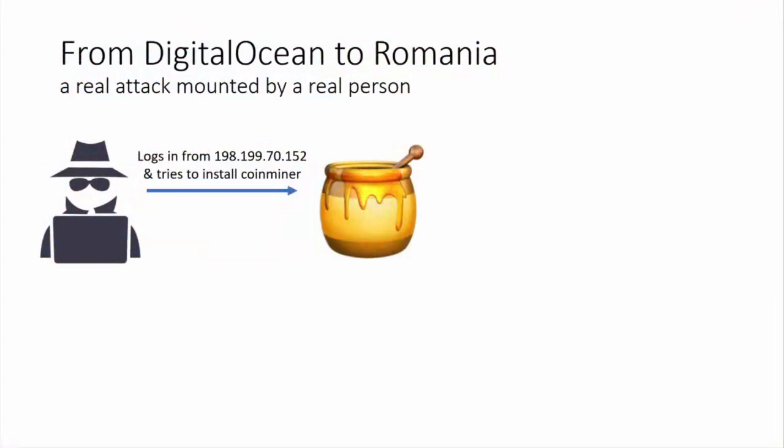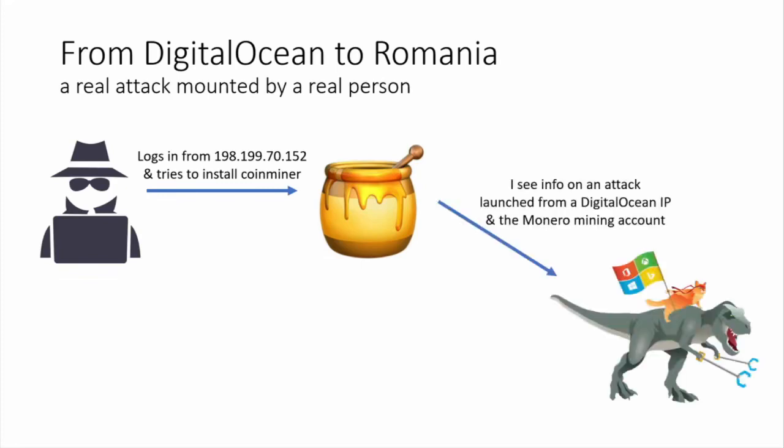What about some real attacks? Well, we found there was an attack that came in from DigitalOcean, where the attacker tried to install a coin miner. Not that interesting, to be honest. Now, I get to see the attack, the commands they typed in, the Monero wallet they're mining against, but ordinarily, from our data sources, that would be all we see.